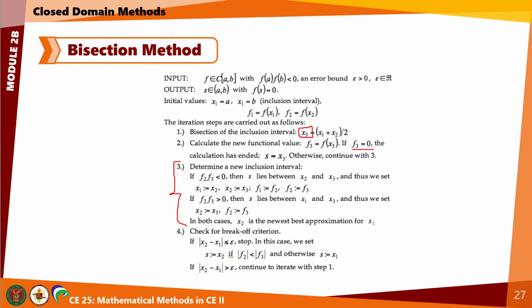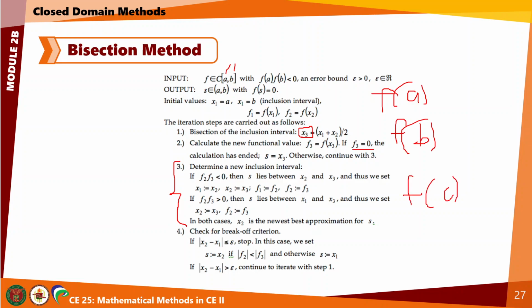Madali lang siya kasi nga, like what I have demonstrated earlier, kailangan lang natin i-retain kung alin yung dapat i-retain from the initial interval. So, i-compare mo lang yung function values. Okay? So, yung f of A, f of B, and f of C. Let's say na yung third point lagi is C.